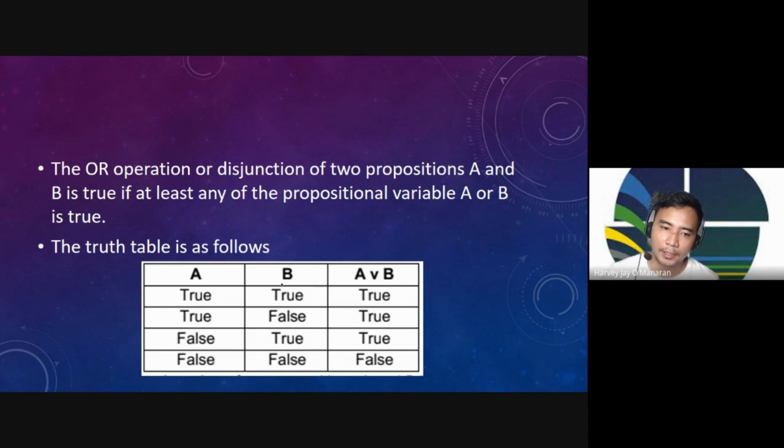Take note that in disjunction, A or B, if any of these variables of an element is true, it returns the value of true. Whichever of the two is true, automatically it will return the value of true.